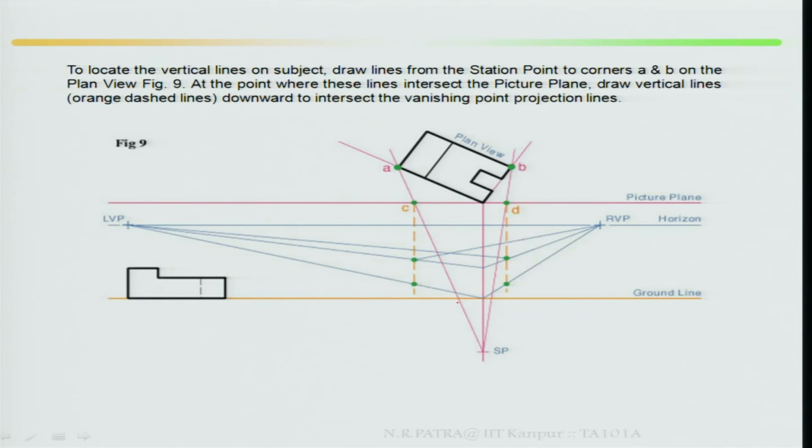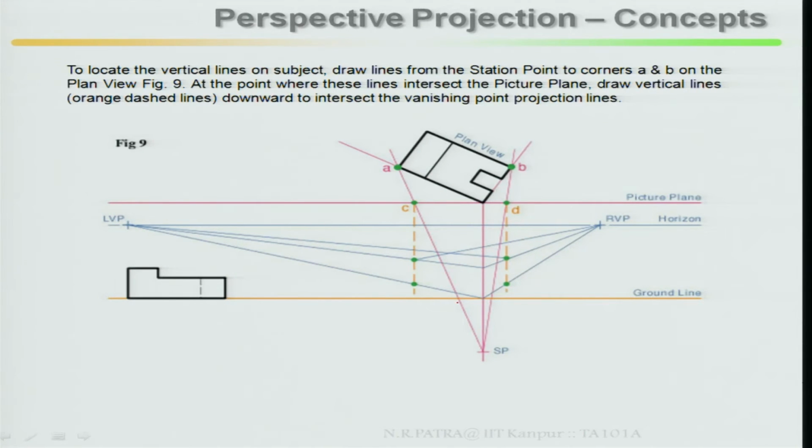Then to locate the vertical lines on the subject, draw lines from the station point to corner A, B. This is your station point, draw lines from the station point to corner A and B on the plan view, figure 9, at the point where these lines intersect the picture plane.